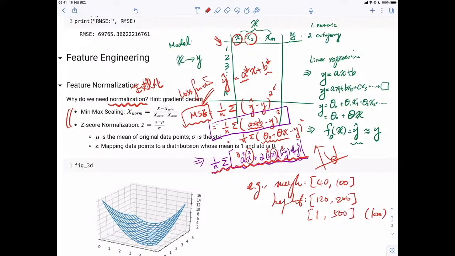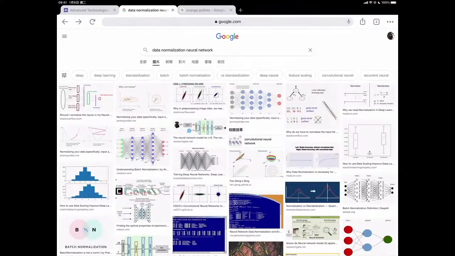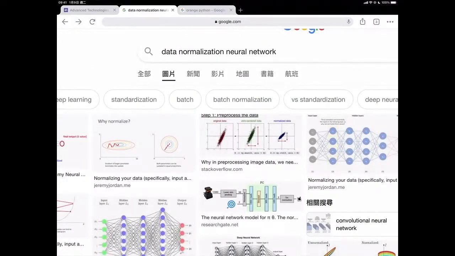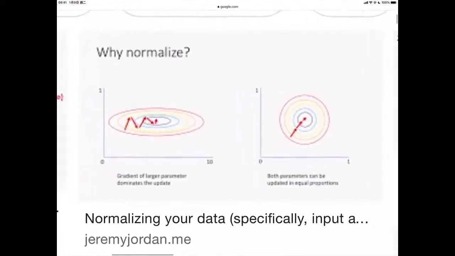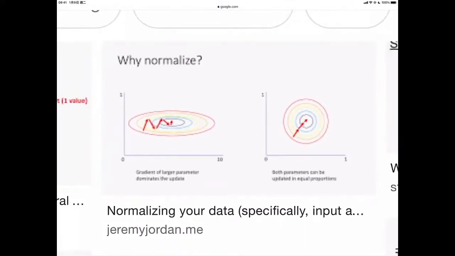We have different values in our data, so they have different scales. If you Google data normalization, you may find this. As we mentioned before, when we analyze our data, we use the loss function, the MSE function, to evaluate our model, and we try to find the minimum value of the MSE.